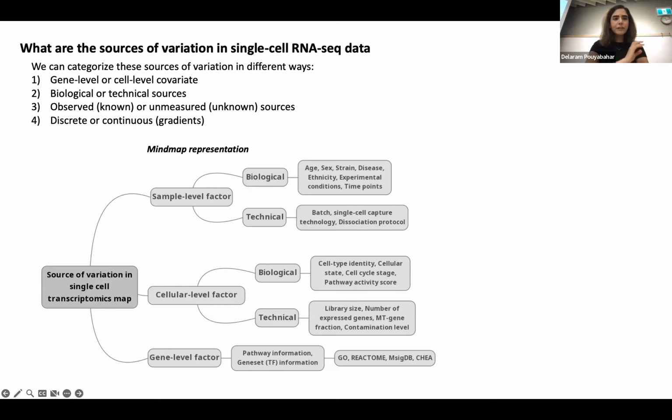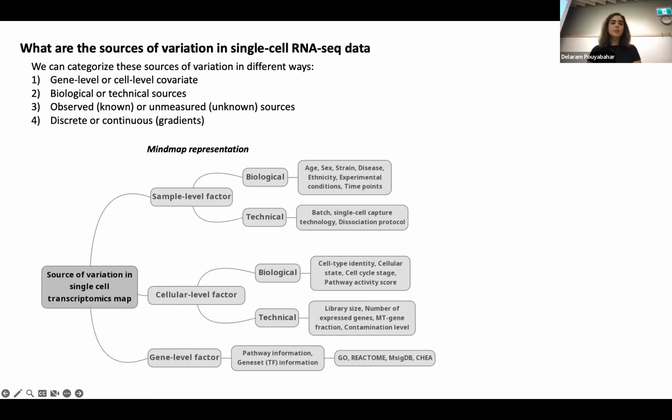And I'll just briefly explain that another way to look at this is that you can think about whether any of these examples that we talked about are unknown or known. So sometimes, this information could be provided as metadata, or you could directly calculate it based on your data. For example, library size, you can easily calculate that based on the given data.